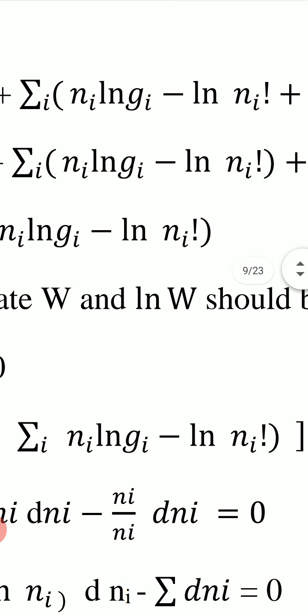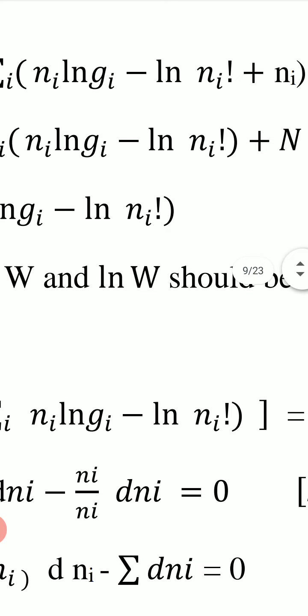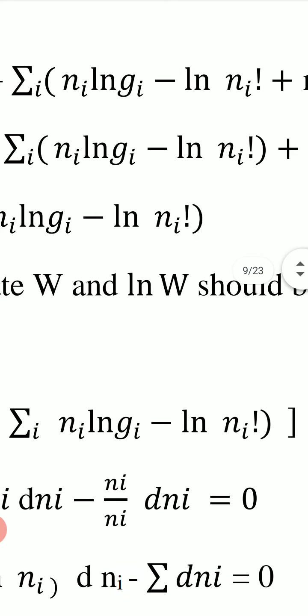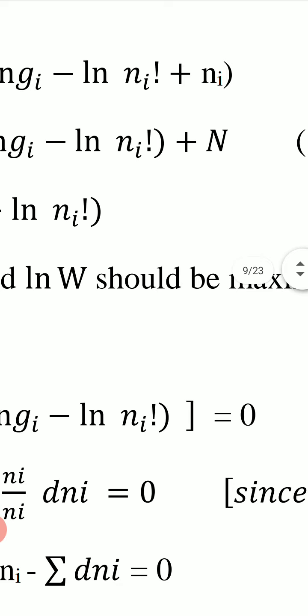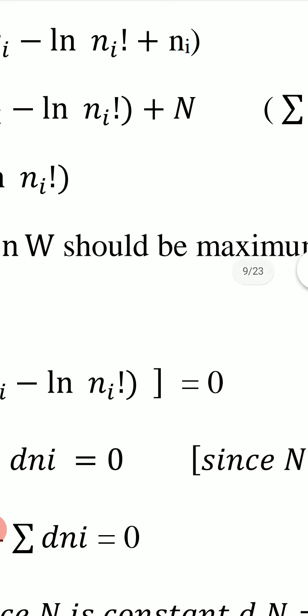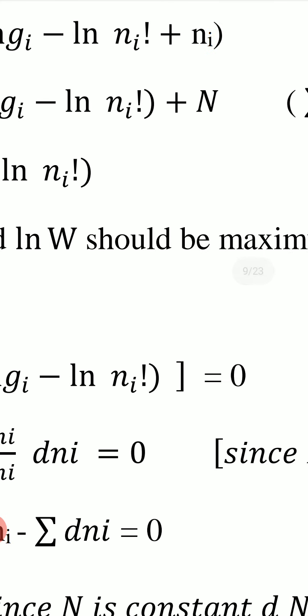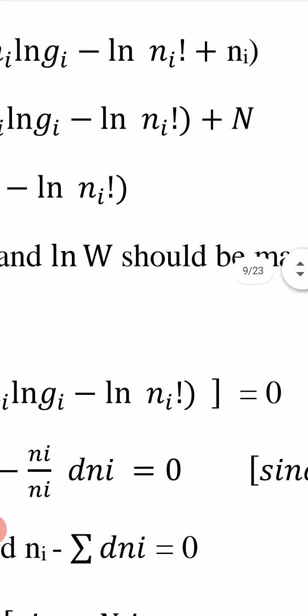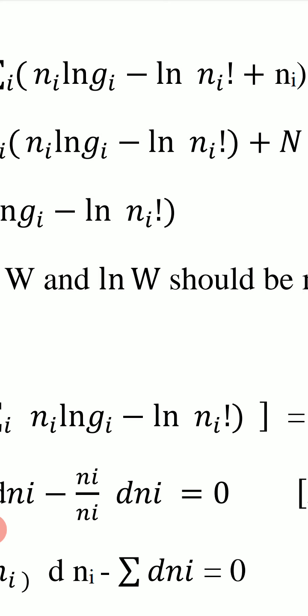And this summation I is for all these three terms. So for the last term it becomes summation ni, and summation ni is capital N, total number of particles. So the last term is plus capital N, it is summation ni. Summation is for all these three terms.